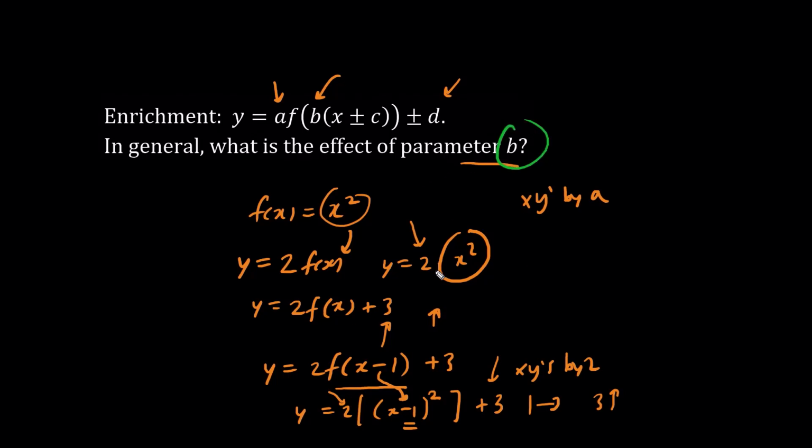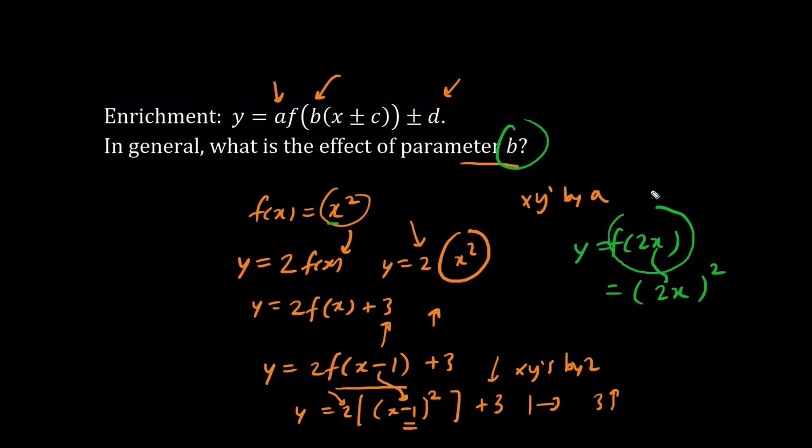Now let's focus on the b value. When we say y equals f of 2x, we use function substitution, just like before. What is f? f is x squared. We replace the x with a bracket, and we write it all squared, and we substitute 2x for the original x here. So what does this mean?